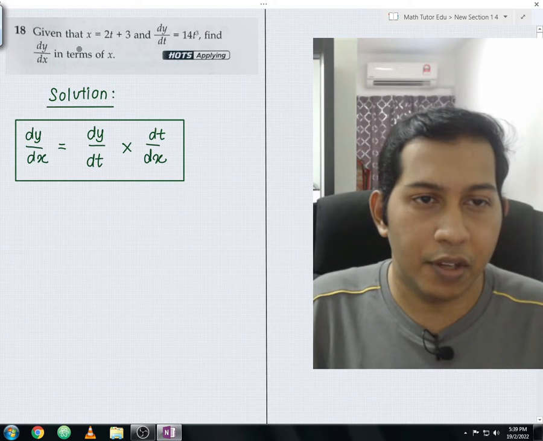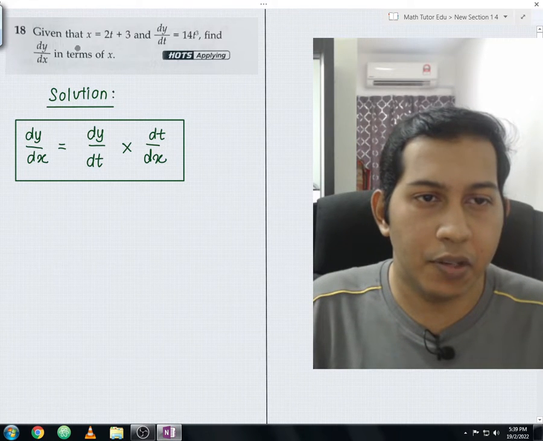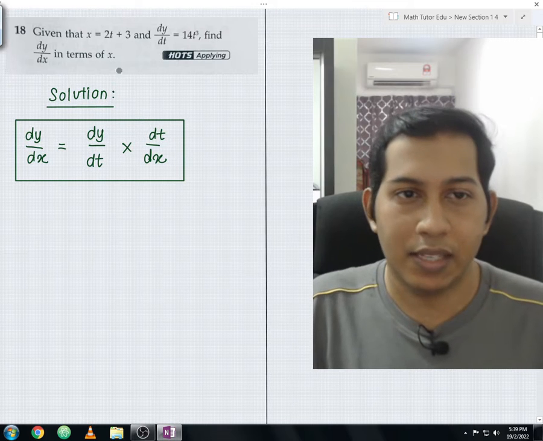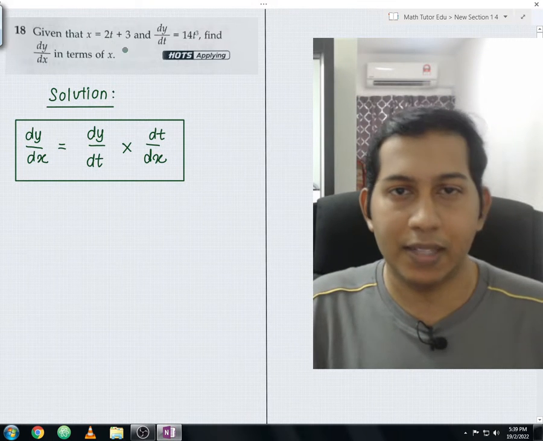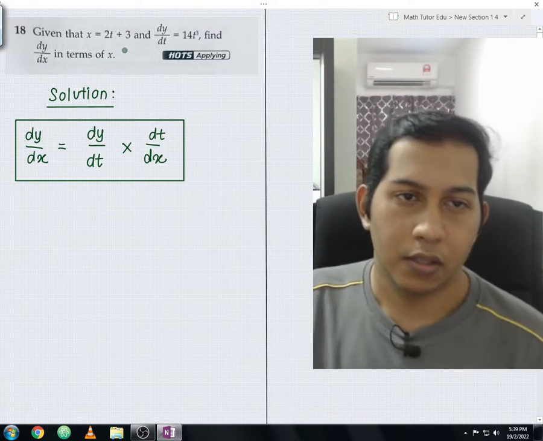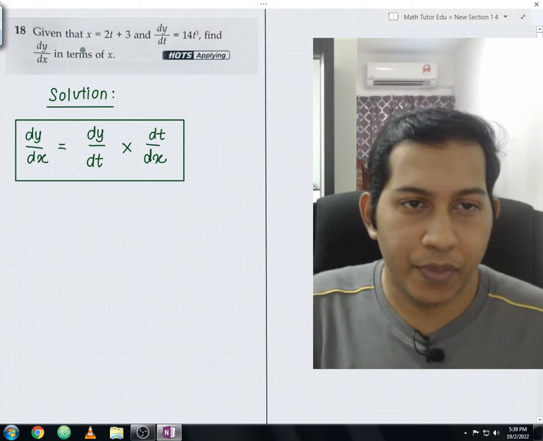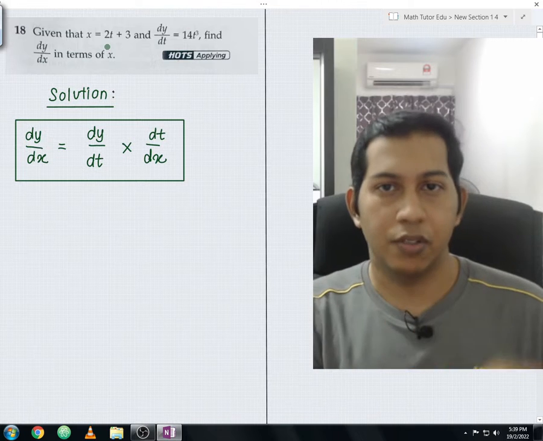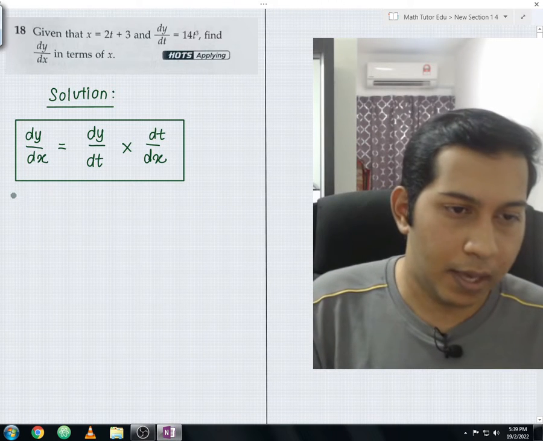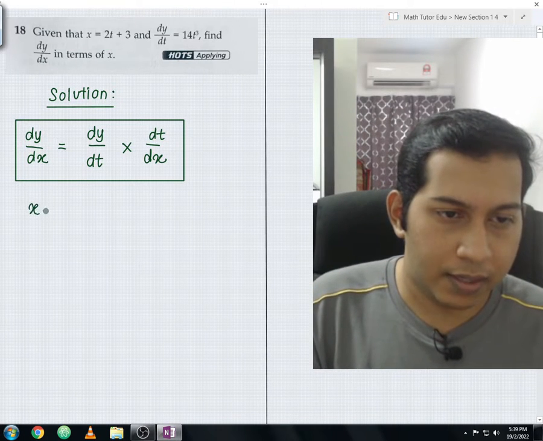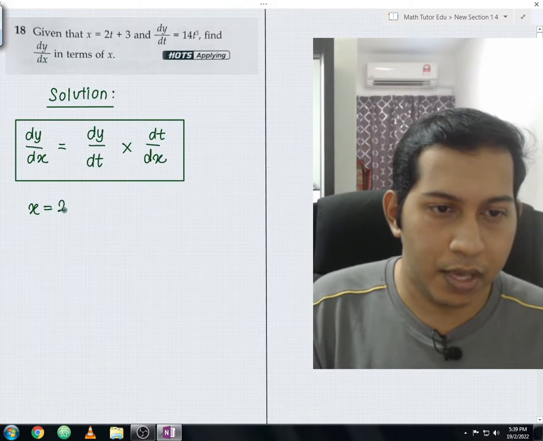However, the question already gives the equation of x in terms of t, where x is equal to 2t plus 3. So our first step for this question will be solving the x equation. Let us proceed to step 1 now. From here x is equal to 2t plus 3.